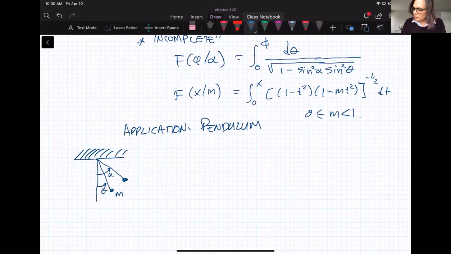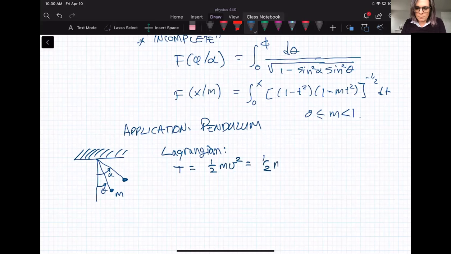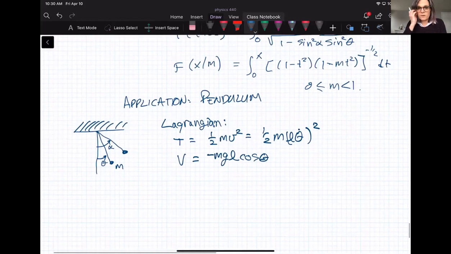We can start with a Lagrangian approach, which I think most of you have seen. We defined the kinetic energy, 1/2 m v squared, as 1/2 m L squared theta dot squared, and the potential energy as minus m g L cosine theta, so that our main variable is theta.